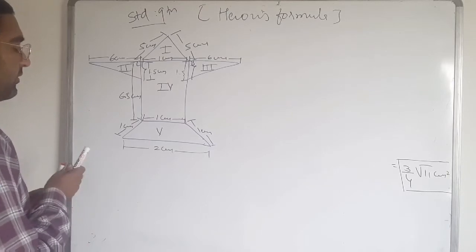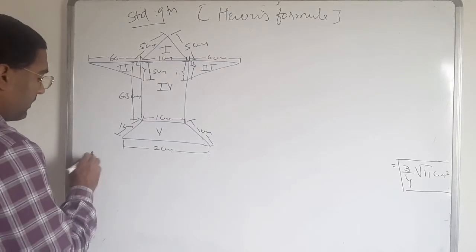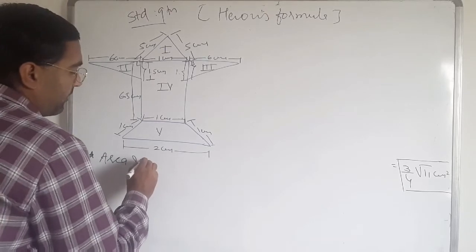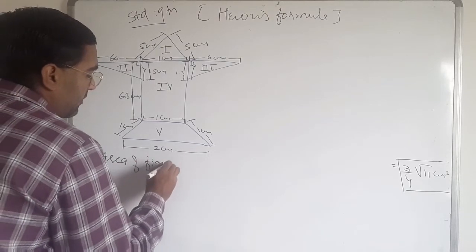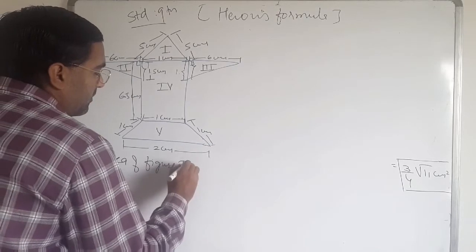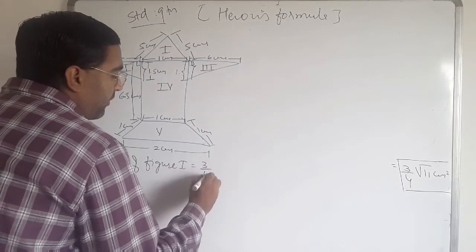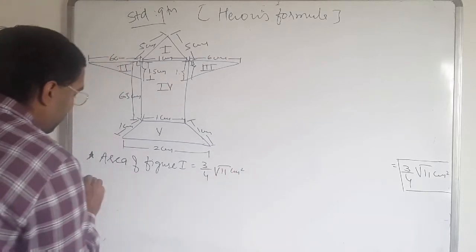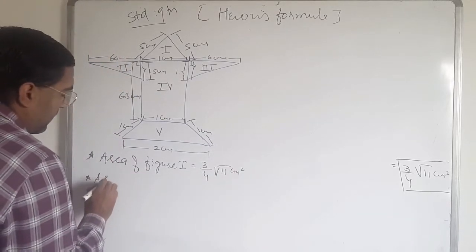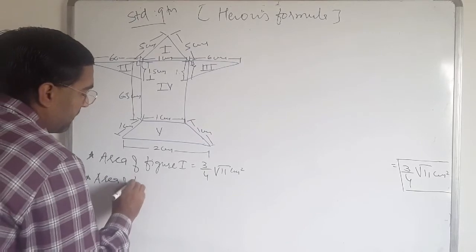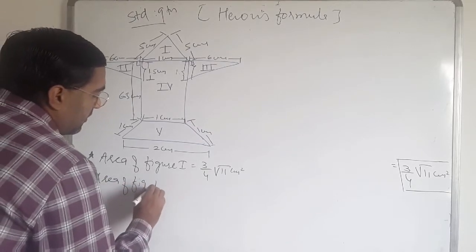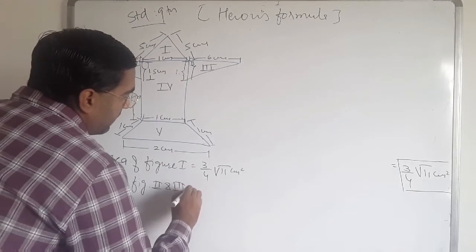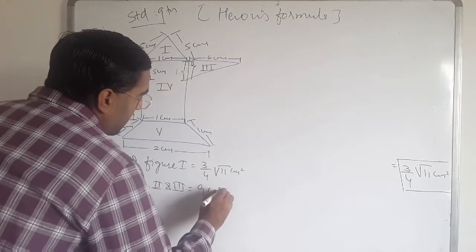I'll write it here: area of figure 1, that is 3 by 4 root 11 centimeter square. Second, area of figure 2 and 3, both of them combined, that is 9 centimeter square.